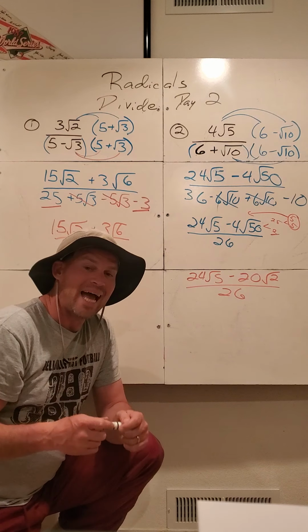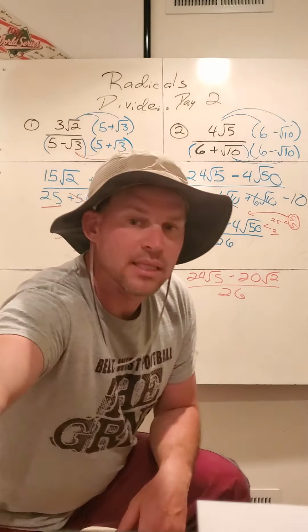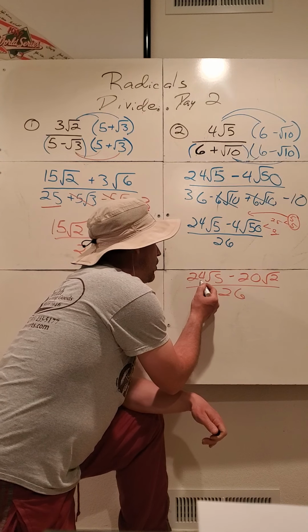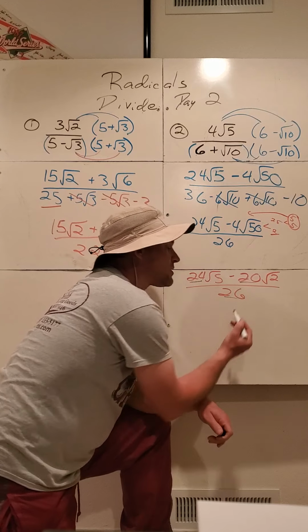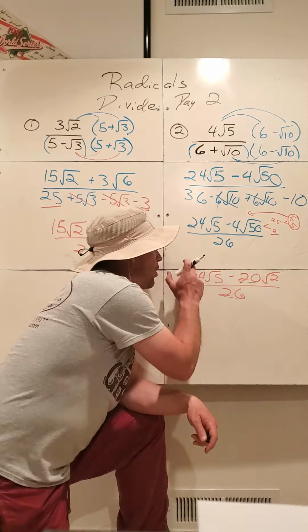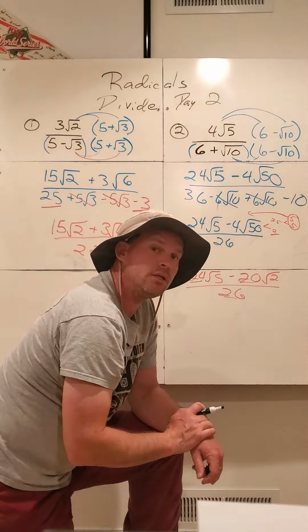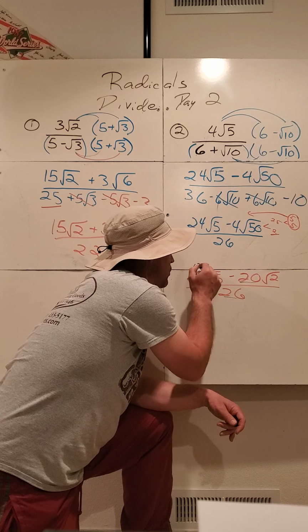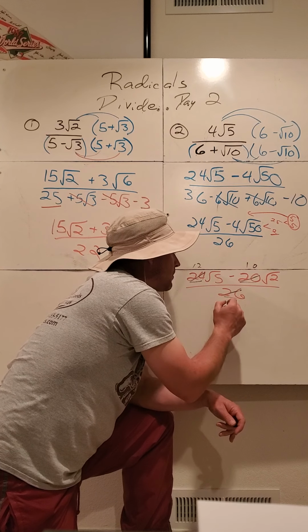And the last step to this monstrosity of a problem: when all of your whole numbers have something in common, you need to simplify by that number. All of these whole numbers are even, so I take that 2 and divide by 2 here. 12, divide by 2, divide by 2.